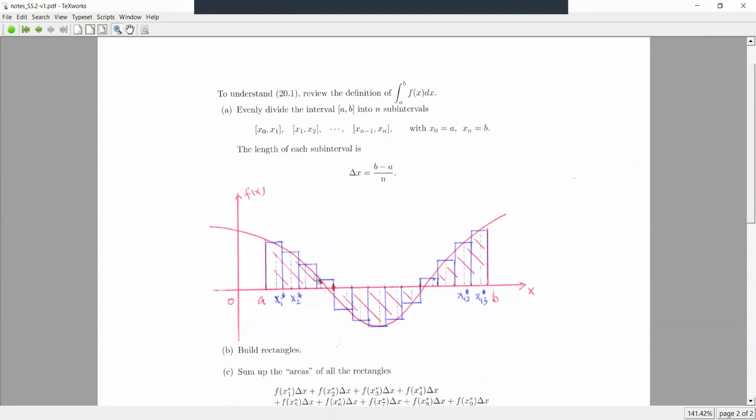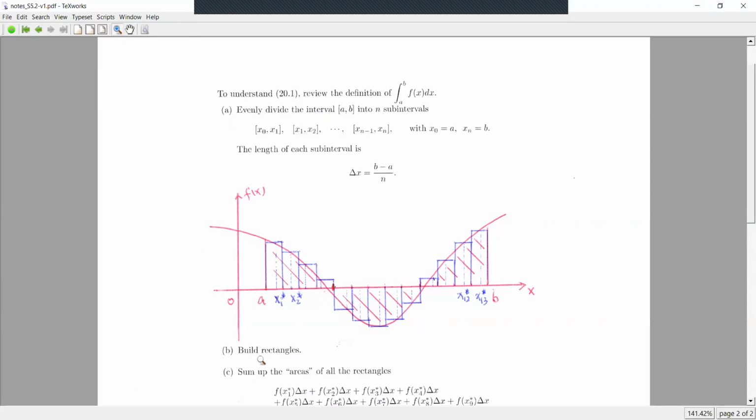Part of the curve is above the x-axis and part is below the x-axis. To compute this integral by definition, step one, we need to evenly cut the interval AB into subintervals. In this diagram, I have cut the interval AB into 13 subintervals.